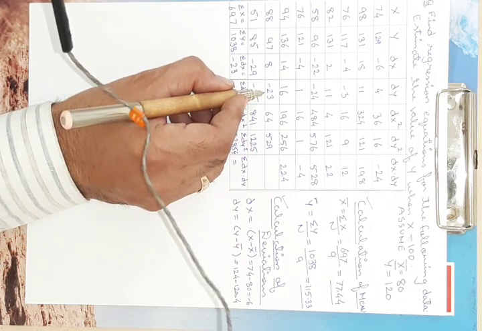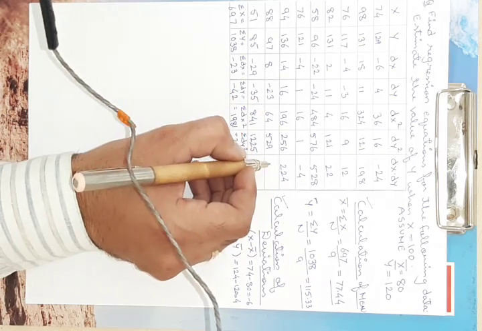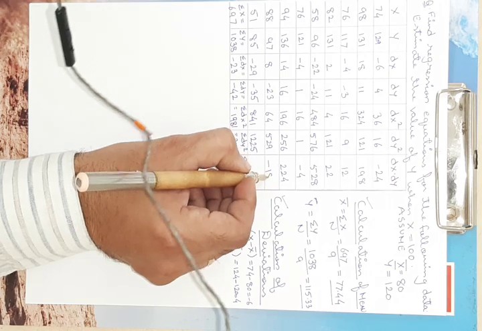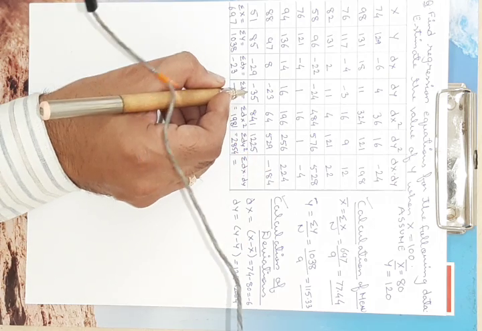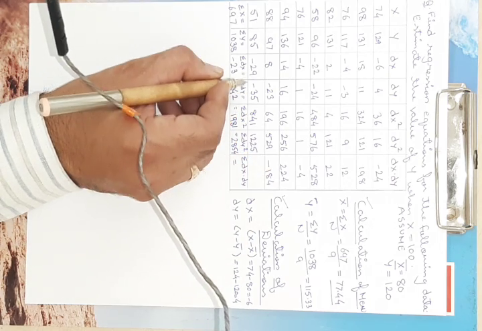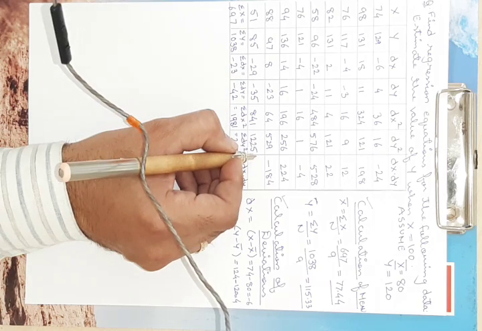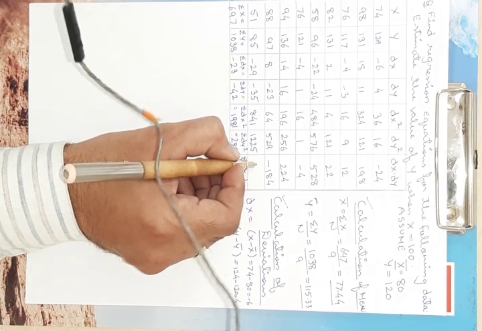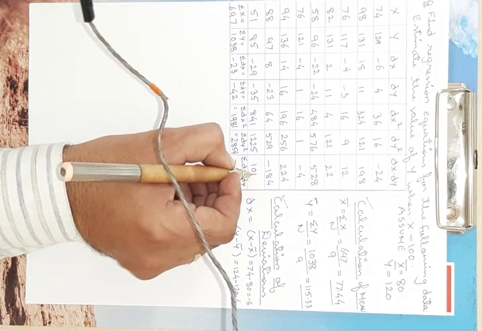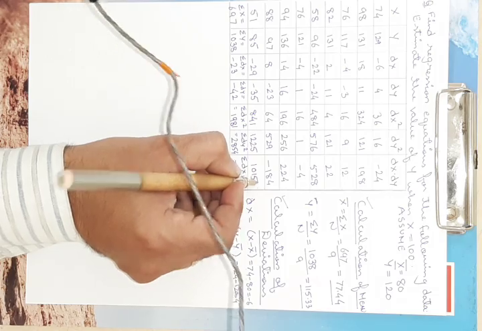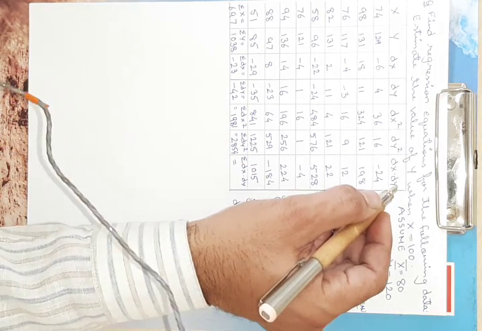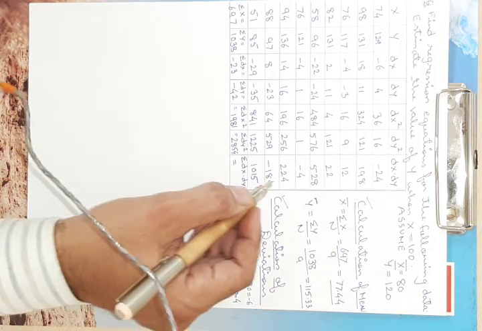Next minus 23 multiplied by minus 64, which comes out to be minus 184. And finally minus 35 multiplied by minus 29, this comes out to be 1015.